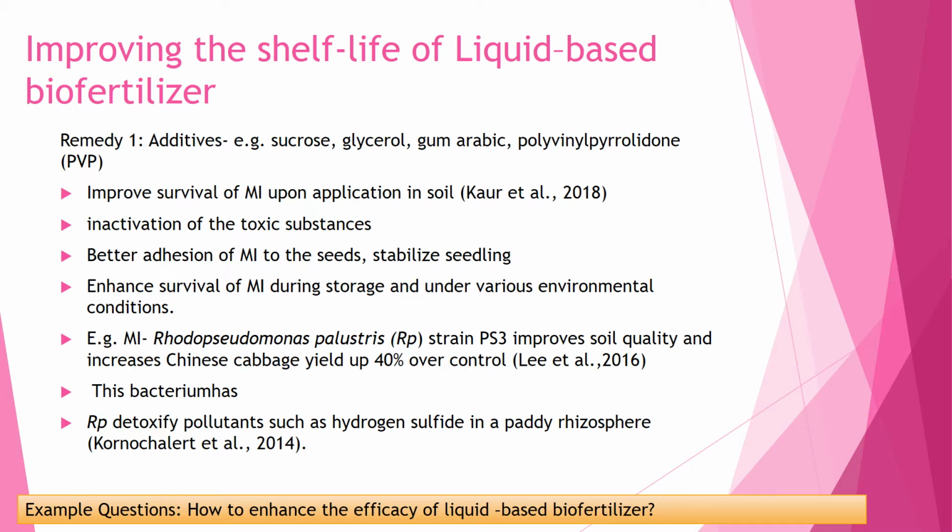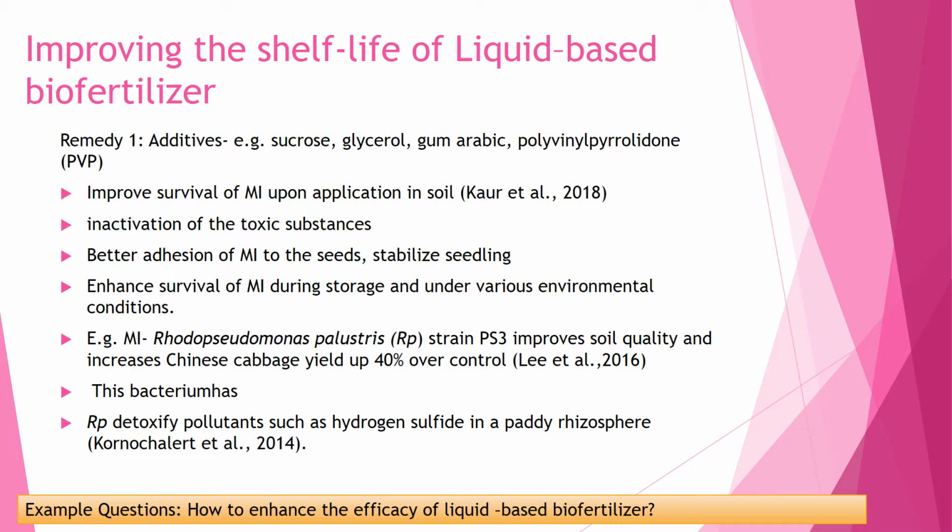For example, RP, Rhodopseudomonas palustris, is a kind of photosynthetic bacteria. Strain PH3 could improve soil quality and increase the Chinese cabbage yield up to 40% as compared to the control. This bacterium can also detoxify pollutants such as hydrogen sulfide in the paddy rhizosphere.